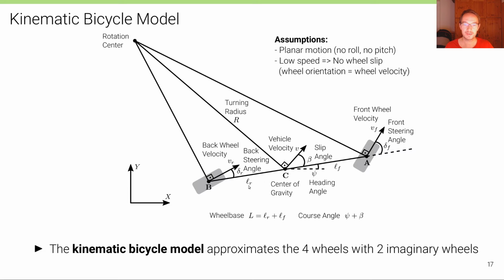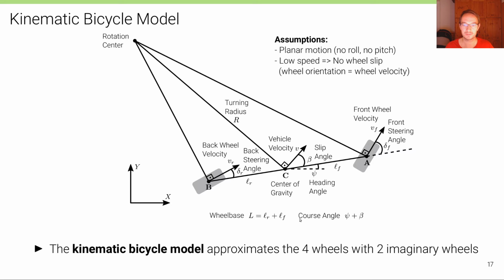In addition, we have LR and LF, which is the distance of the point B to the point C and the distance of C to A, and we call the sum of these two the wheelbase, capital L, which is the distance between the rear and the front wheel.